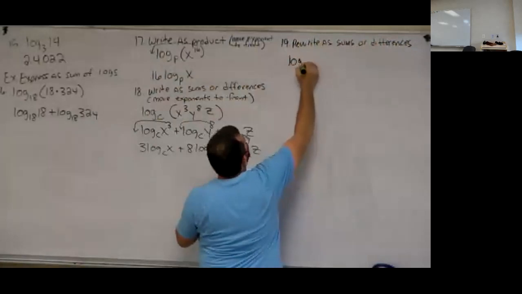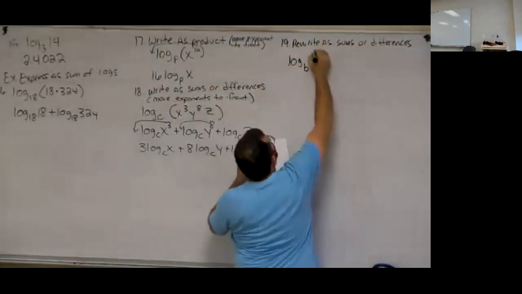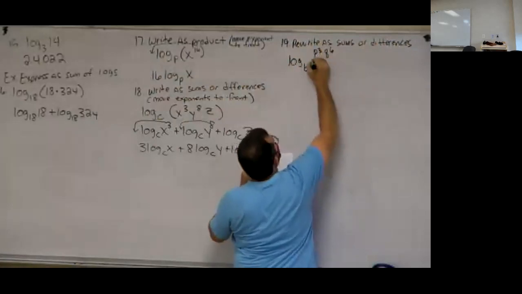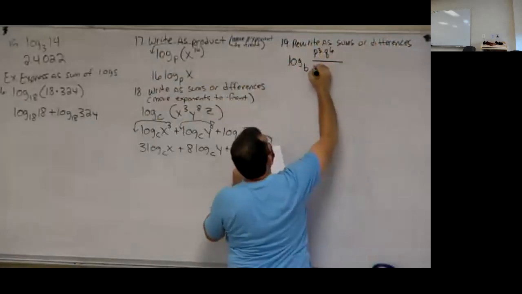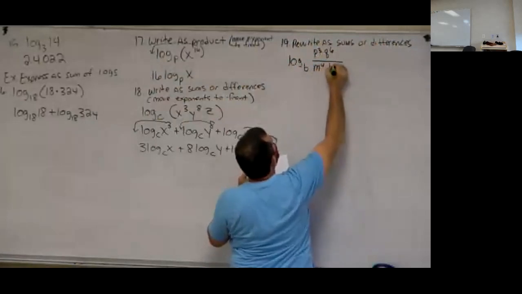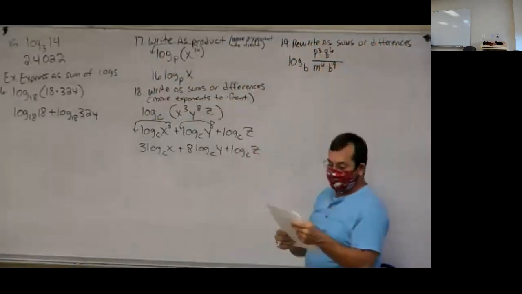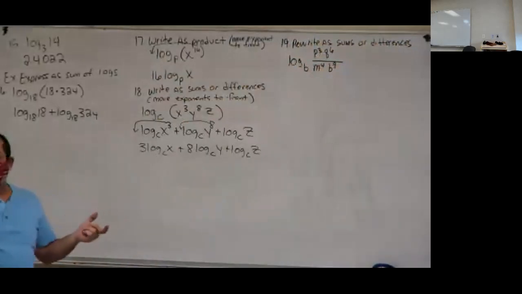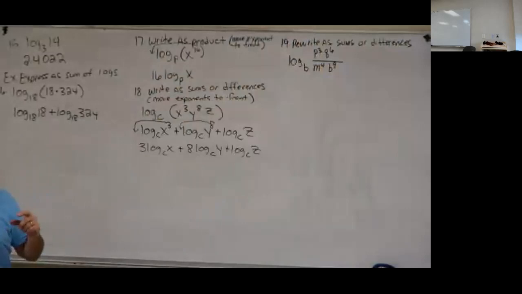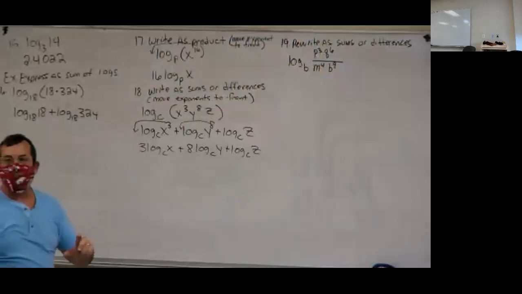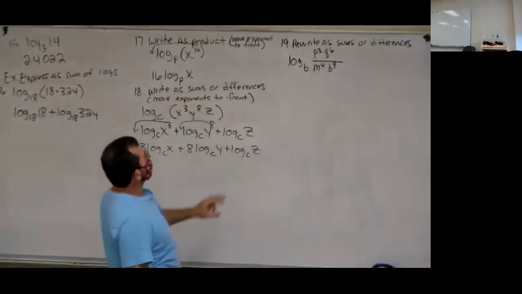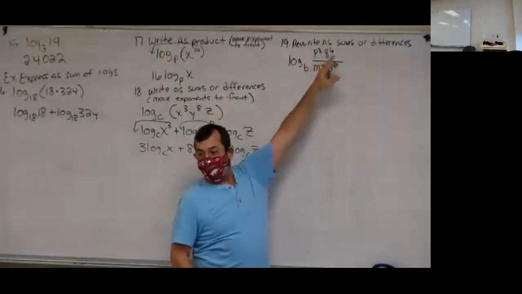Log base B of P to the third, Q to the sixth, all over M to the fourth, B to the ninth. Remember this, if they're on top, when you rewrite them, they're going to be added. If they're on bottom, when I rewrite this, they're going to be subtracted, okay? I will distribute the log base B to all four factors.